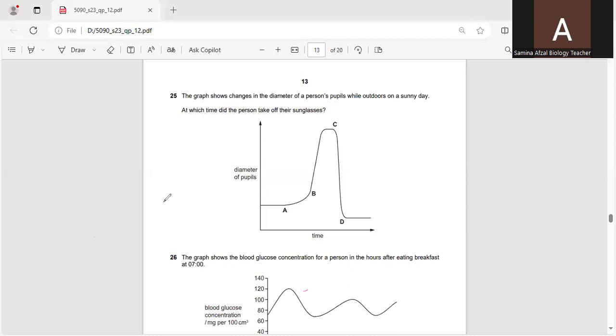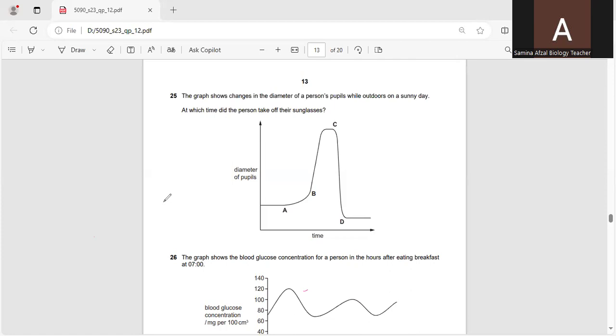He will take off his sunglasses when it is dark outside. So according to this, the diameter of the pupil will become large to see in the dark.